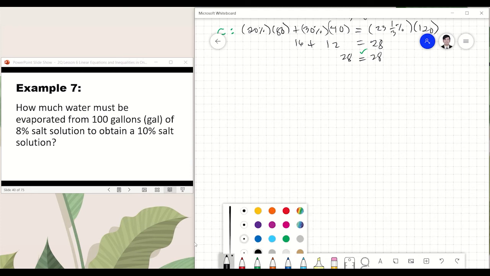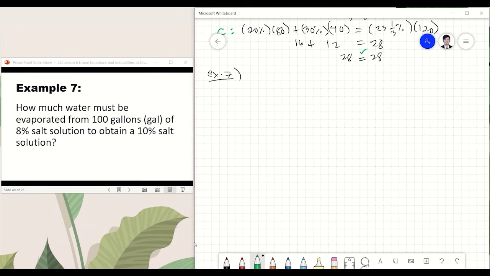So start tayo by representing what is missing. So we normally say let x be the... Okay. So ano yung magiging x natin dito? So take note, yung hinahanap natin is yung amount ng water na dapat mag-evaporate.